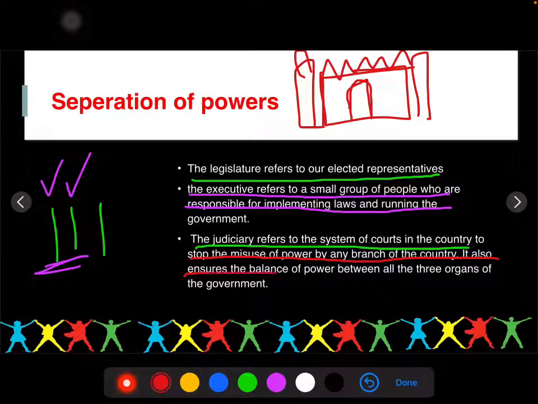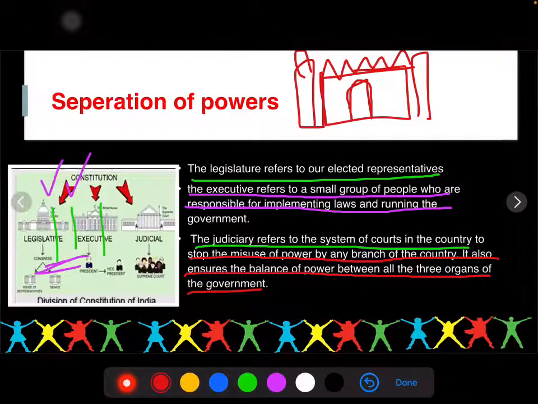It also ensures the balance of power between all 3 organs of the government. It ensures that misuse of power is not done, and it also ensures that laws are applicable for all the people, that everything is running properly.